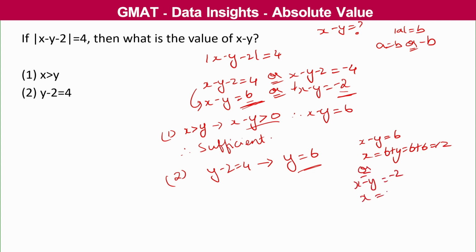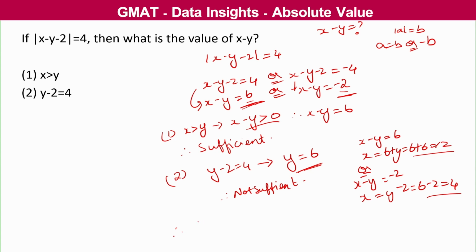So x becomes y minus 2, that is 6 minus 2 is equal to 4. So you can still have two different values of x for this given value of y, and x minus y will take two different values. Therefore, it is not sufficient to answer the question asked.